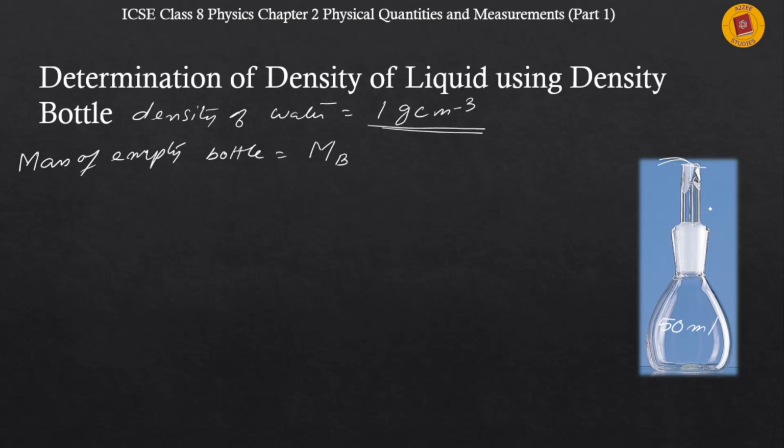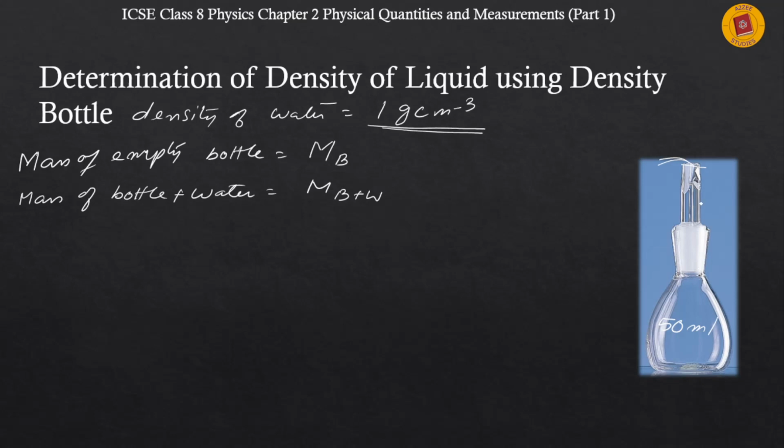Then we fill up this bottle with water and again find out the mass. Now let's assume the mass of bottle plus water is denoted as mb+w.